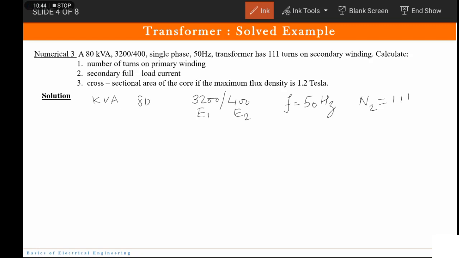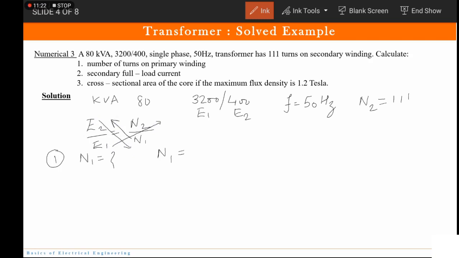Yes, we have covered. Now, just in the last numerical, we saw that E2 by E1 is equal to N2 by N1. So what are we supposed to find out here? Number one, the number of turns in the primary winding. It means we have to find out N1. So we will convert this equation in terms of N1. We will have cross multiplication. We will take N1 here, E2 here, and E1 goes to the numerator.